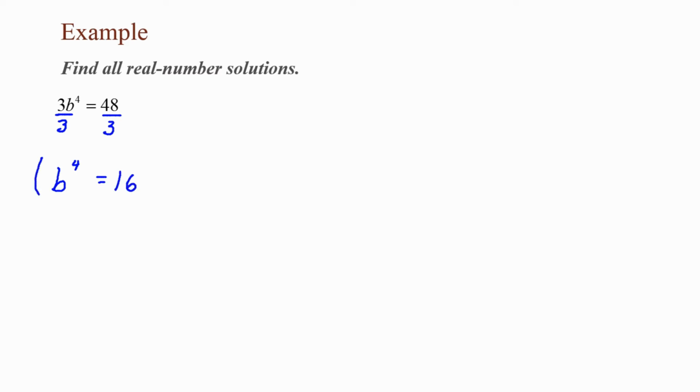Now I'm ready to take both sides to the 1/4 power to get rid of the 4. So that gives me b equals, the fourth root of 16 is 2. Since 1/4 has a denominator of 4, 4 is even. I want to use plus or minus for my answer. So b equals plus or minus 2, or b equals a positive 2 or a negative 2.